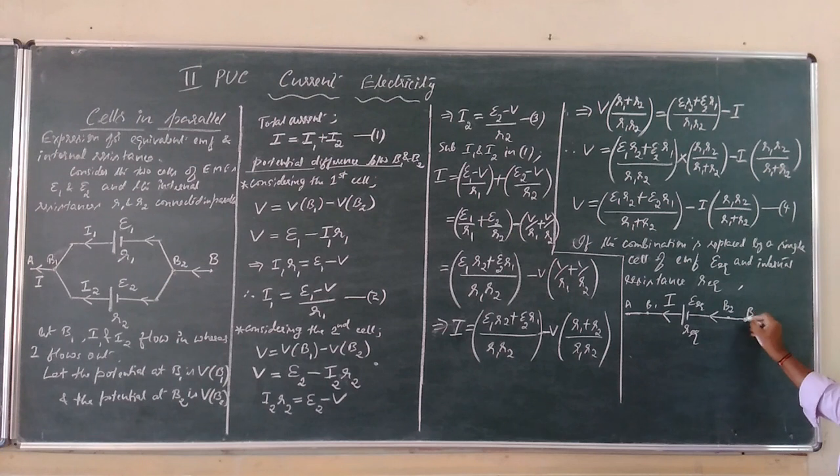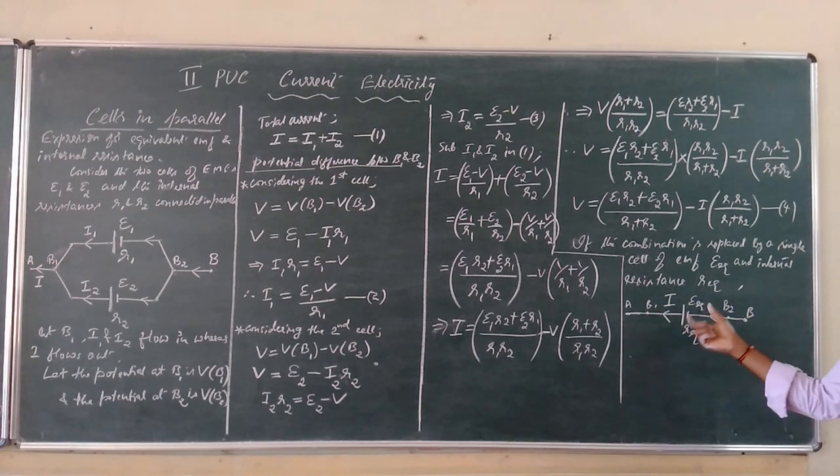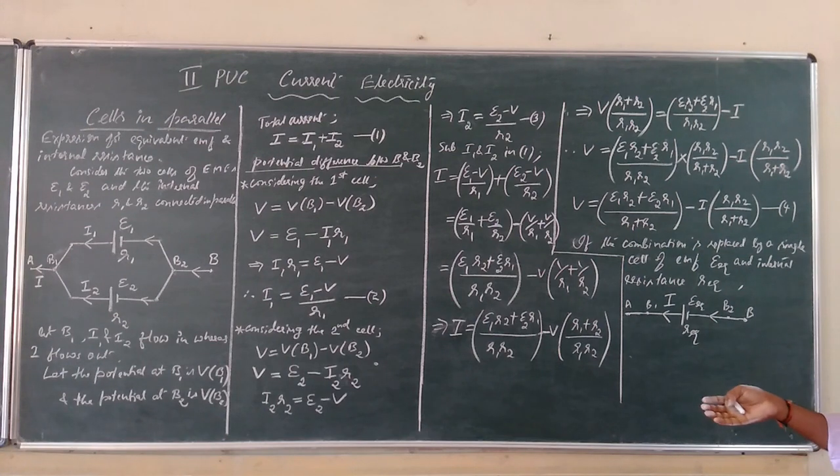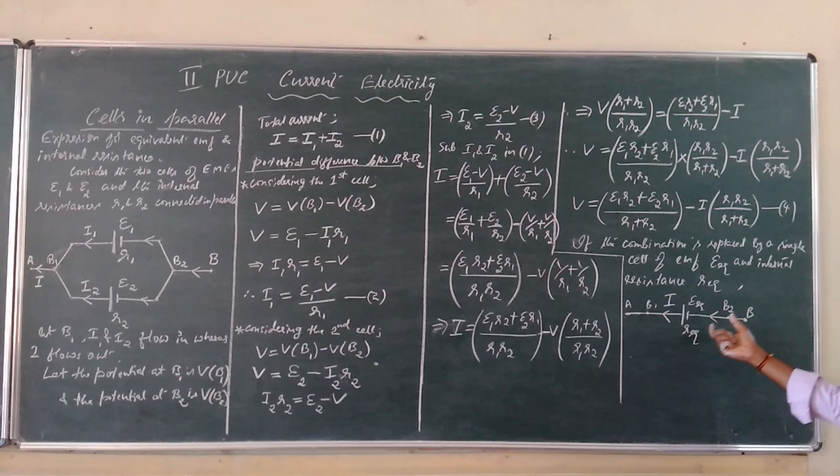So this point is B. Across B1 and B2, we are connecting this single cell by removing the combination. It also gives the same amount of current as the combination is giving to the same external circuit.